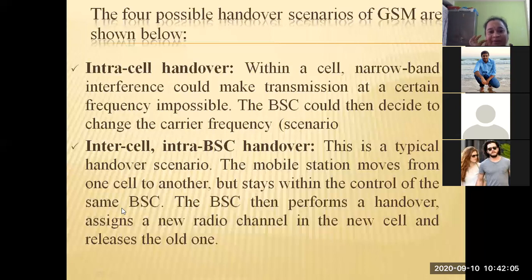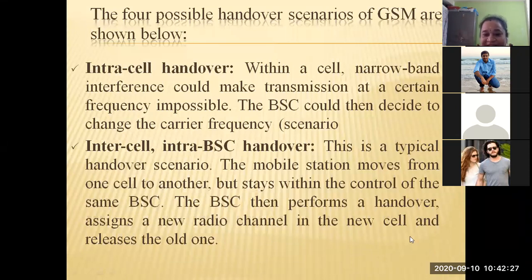The same base station controller will be there, but the BTS is going to vary. Your position will be under another radio cell area, but the controller will be the same BSC. Your own BSC will be controlling you, but you are moving to another radio cell. Then the same BSC performs the handover.